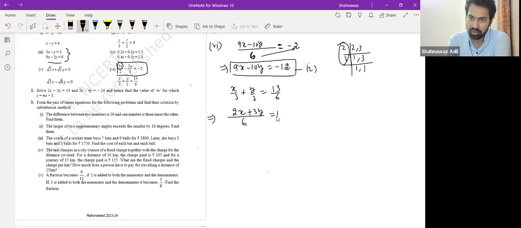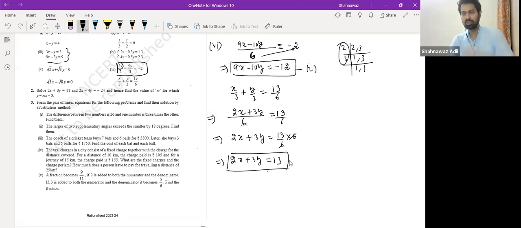And this 6 goes to the right hand side, so 13 by 6 into 6. This cancels and 2x plus 3y is 13. So this is our second equation.